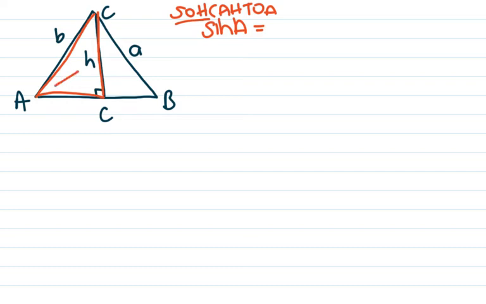The side length that's opposite angle A would be h, and the hypotenuse for angle A would be b, because it's opposite the 90-degree angle. In order to get h by itself, I would need to multiply both sides by b. These would cancel out, and now I have an expression for h: b sine A equals h.